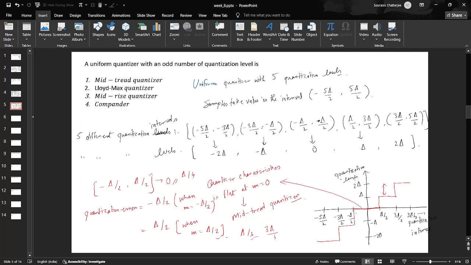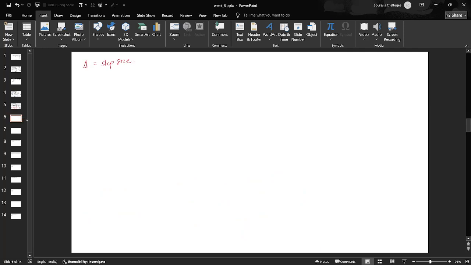That is pretty much your quantizer choice, how much step size you are going to keep. So this is what we call the quantization interval length.